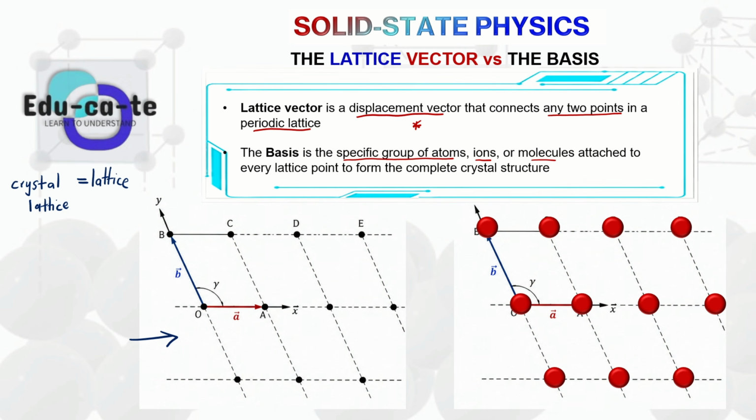But now when I combine it with a basis, a group of atoms, and I attach those atoms to specific points on that lattice, that makes a crystal lattice. We now call it a crystal lattice because it now has a basis. It now has that group of particles attached to every single lattice point to form the complete crystal structure.